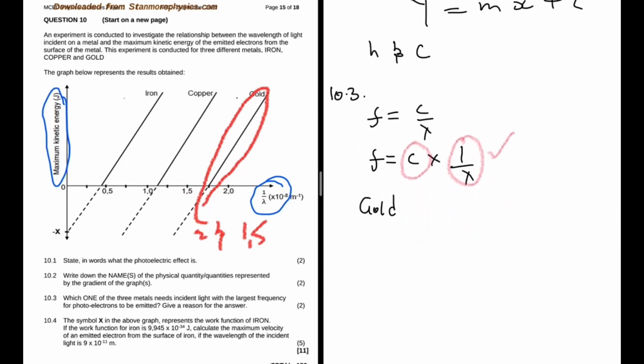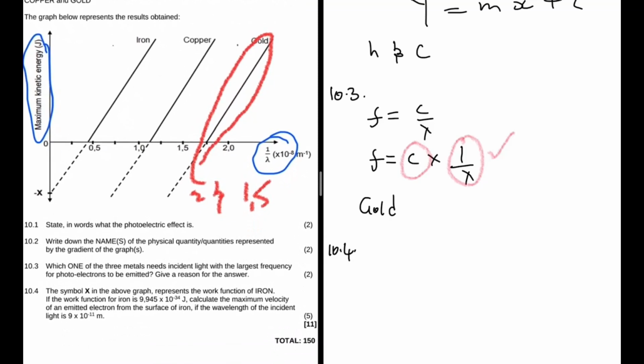Why are we saying gold? We're saying gold because the frequency is equal to the speed of light divided by the wavelength, and clearly gold has the highest value of 1 divided by wavelength, right? And then now we can move to 10.4.